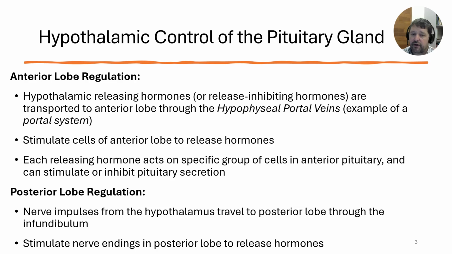These hypothalamic neurons travel from the hypothalamus and embed themselves in the posterior lobe, and that will release hormones. Remember, all hormones travel in blood, so those hormones would be released, picked up by blood, and travel to different regions of the body.